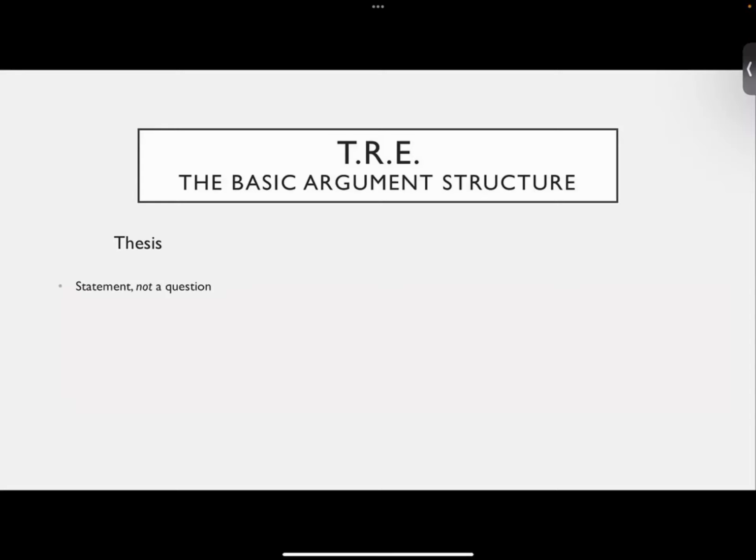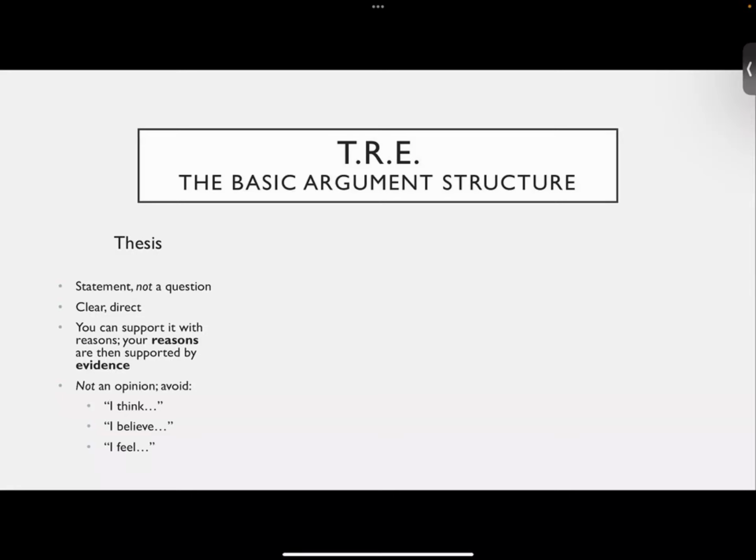The thesis is a statement, not a question. It is clear and direct. You can support it with reasons, which are then supported by evidence. It is not an opinion, so avoid "I think," "I believe," "I feel."